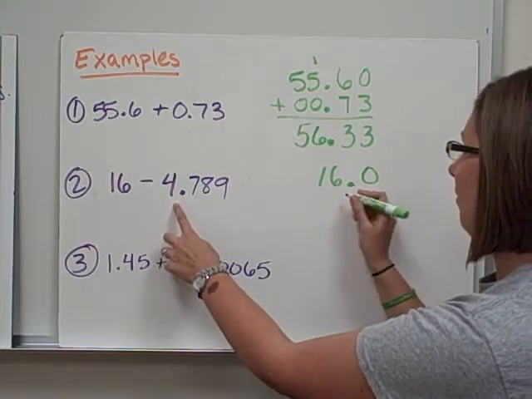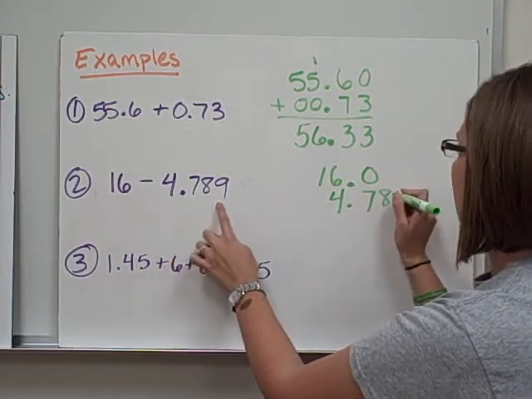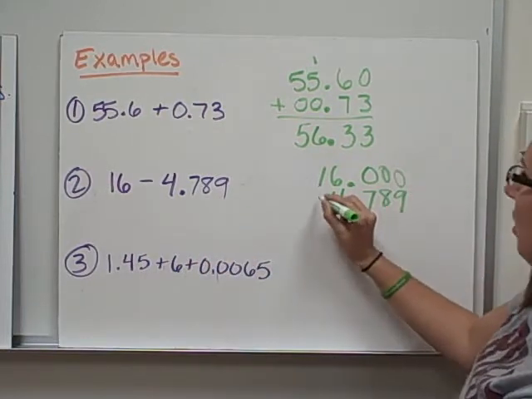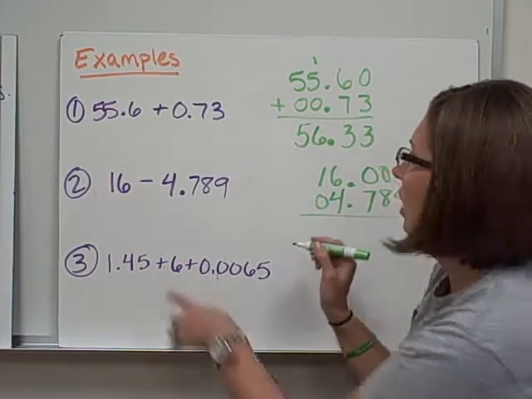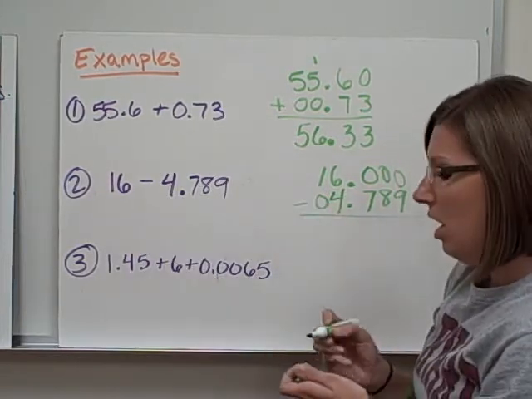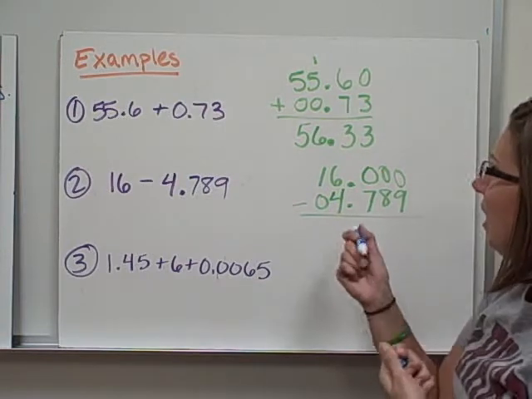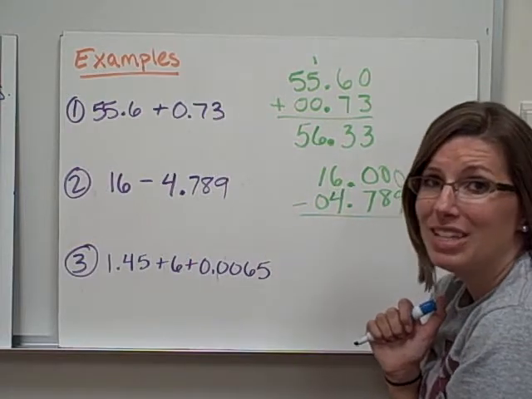So I'm going to line up 4.789 and then just fill in some zeros. Not very pretty zeros, but I'm just filling in the zeros as placeholders, and I'm going to subtract. Okay, so remember our borrowing rules. I'm going to have to borrow because I have 0 and I want to take away 9 from it, and I can't do that.